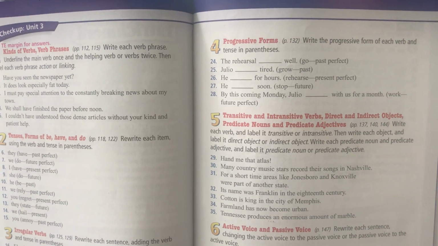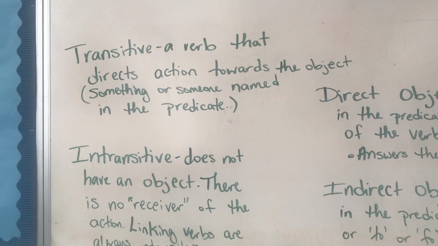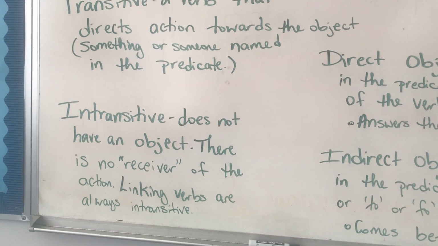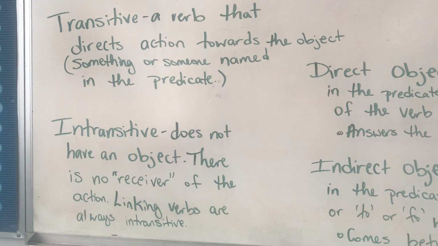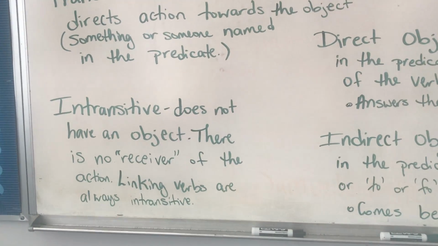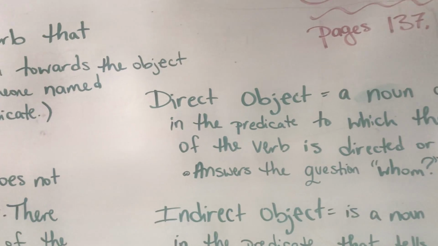It's our only verb for this sentence. And because it is a linking verb, it's automatically going to be intransitive. So, since it is an intransitive verb, we do not have an object. So we get to skip the direct or indirect question. And we're going to go straight to looking at if there's a predicate noun or a predicate adjective.